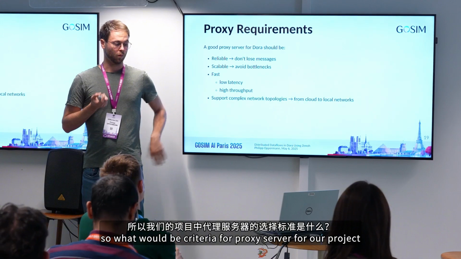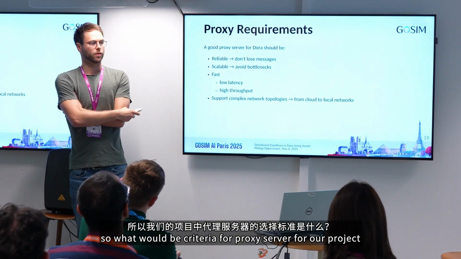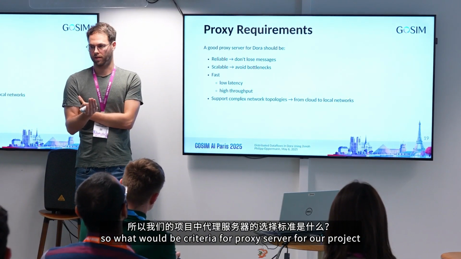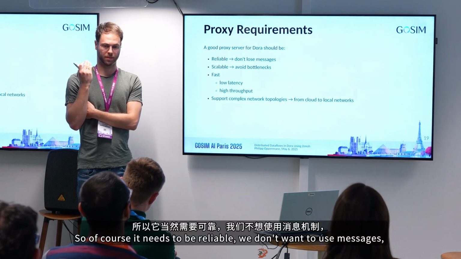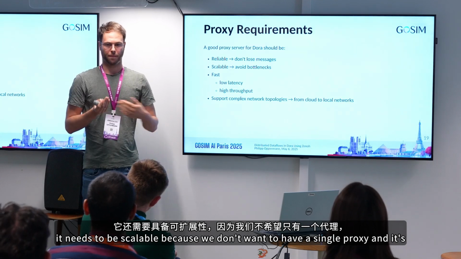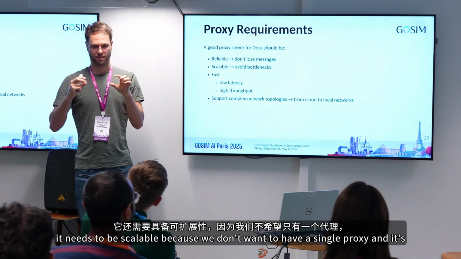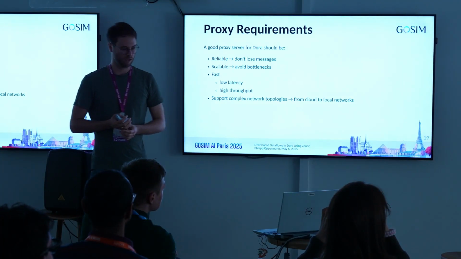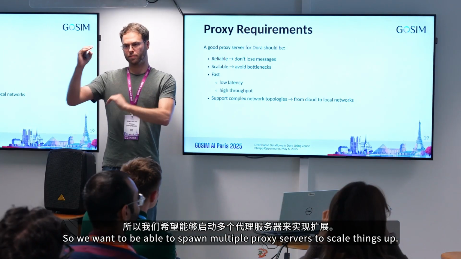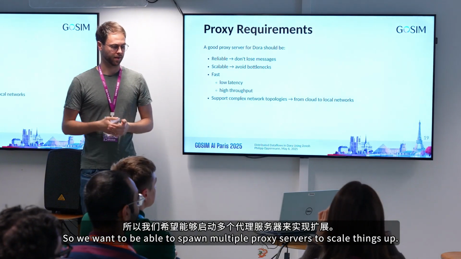So what would be the criteria for a proxy server for our project? Of course it needs to be reliable, we don't want to lose messages. It needs to be scalable, because we don't want to have a single proxy, as that's the approach with the coordinator again. So we want to be able to spawn multiple proxy servers to scale things up.